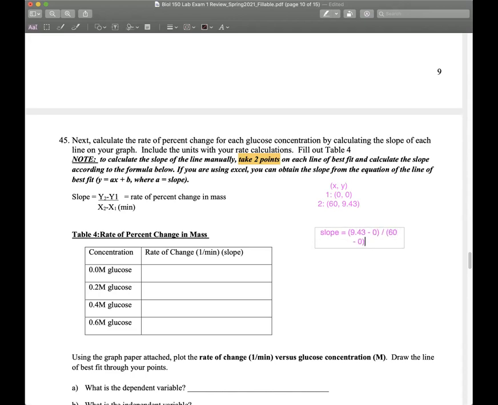So that makes it really easy, actually. Our slope is 9.43 divided by 60, which is 0.16. All right, nice. So that is our rate of change.